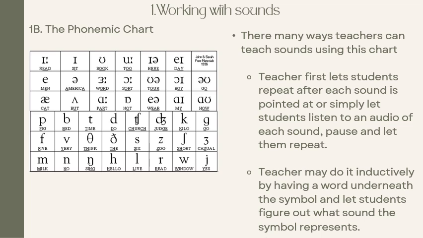For example, the word read, so the symbol must have the sound E in there. Remember though, EA isn't the only way to make the sound E, right? So these words underneath each symbol can help not just the students but also you, especially when you are not familiar or you don't remember the sounds of these symbols.